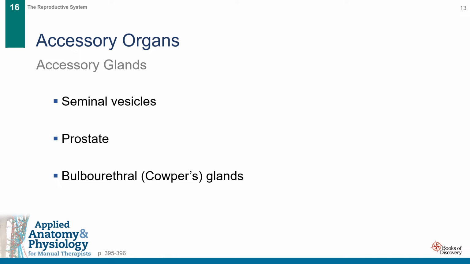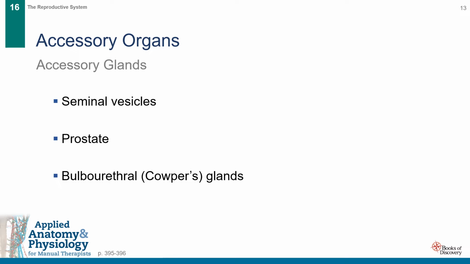Now let's consider the accessory glands of the male reproductive system. There are several accessory glands that secrete liquid portions of semen. About 60% of this fluid is produced by the seminal vesicles, which lie between the bladder and rectum. This pair of glands secretes a thick alkaline fluid that helps to neutralize the acidic pH inside the urethra.